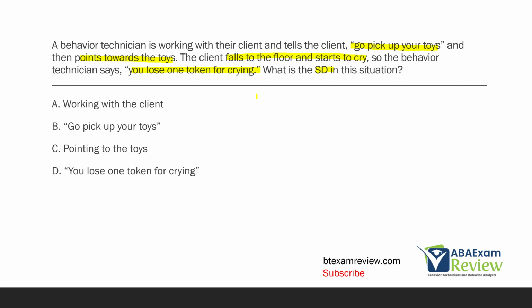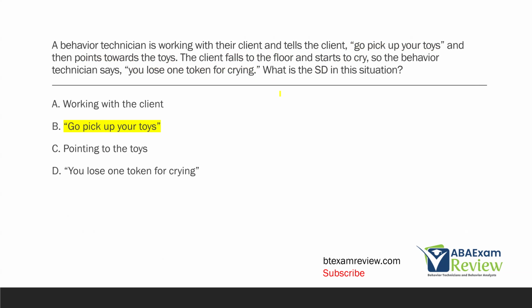So when we break it down like that, what is the SD in this situation? A, working with the client. Well, working with the client is what the technician is doing. It's not necessarily the SD here. The SD is going to be go pick up your toys. Again, the technician says, go pick up your toys, and then they point to the toy, C, which is our prompt. The client responds by falling to the floor and crying, and the consequence is you lose one token for crying.